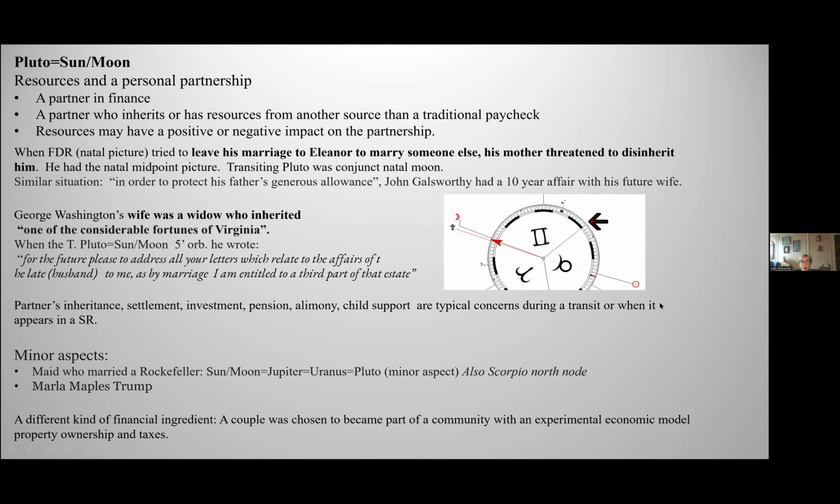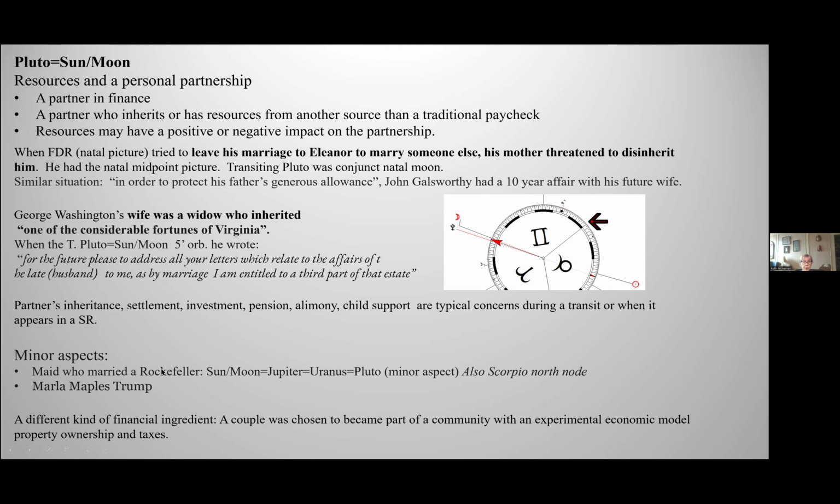So it really emphasized it. And so when the transit was 5 minutes orb, he wrote a letter to her lawyer saying, I'm her husband. I'm entitled to a third of that estate. And that happened when Pluto equals Sun Moon midpoint.